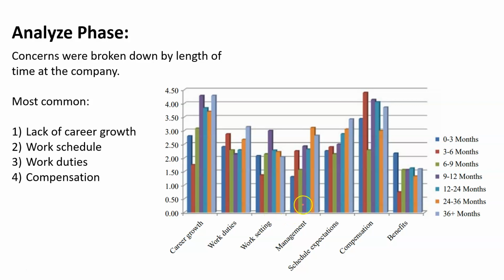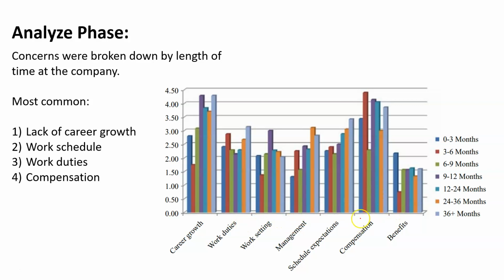If we consider the 0 to 3 and 3 to 6, that's 61%, or if we consider the 83%, we're looking at the first 4 bars of each grouping.